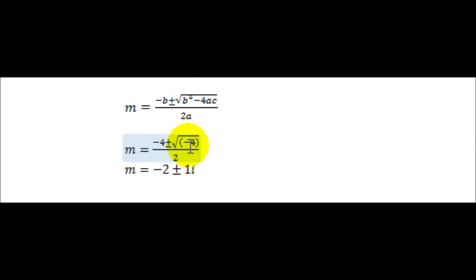So 16 minus 20, we have negative 4. The square root of negative 4 is 2i, so negative 4 divided by 2, we have negative 2 plus or minus 1i. So we have a conjugate pair of complex roots, so our yc will look like this.